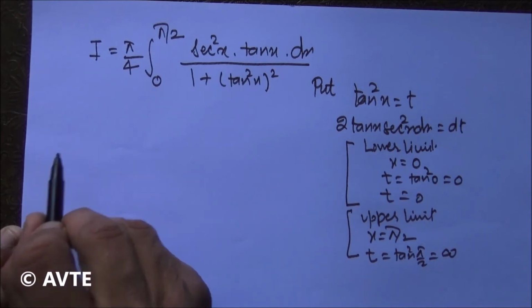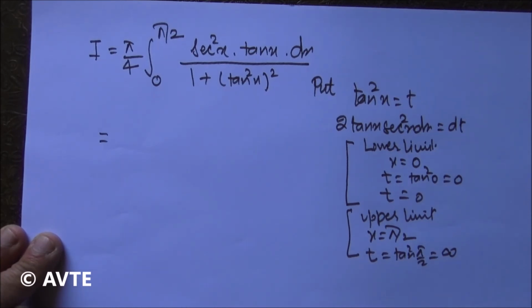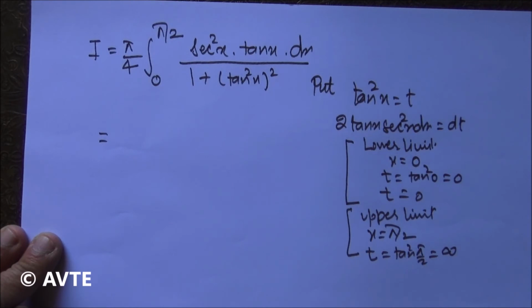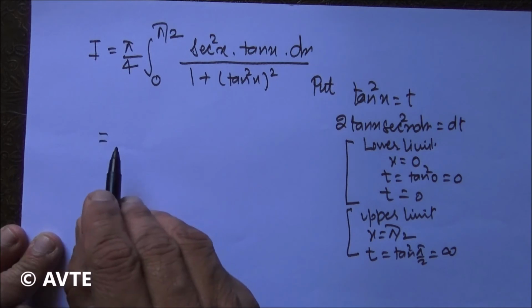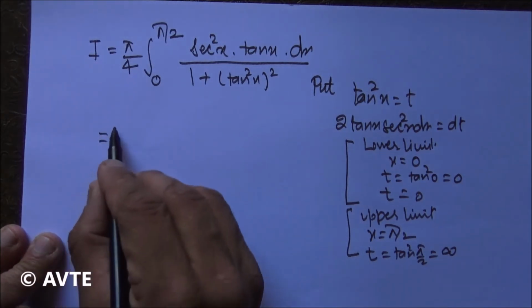The limit is infinity, because sometimes the upper limit and lower limit can also be taken into open interval. Otherwise you could ask a question that why, because infinity is not a real number, so why are we taking infinity as the upper limit? So as I said, infinity can also be taken into open interval. So that is possible in case of limits of definite integration.